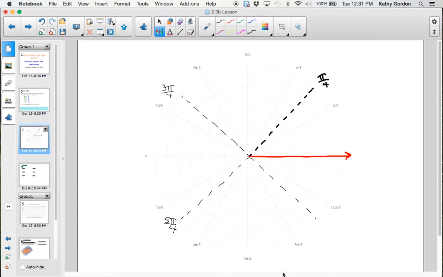What should I label this one? 7 pi over 4. And then finally, one last rotation would put us at 8 pi over 4, which is really just 2 pi, so it gets us back to the start. Okay, so you now have a circle with the 16 special angles labeled on it.